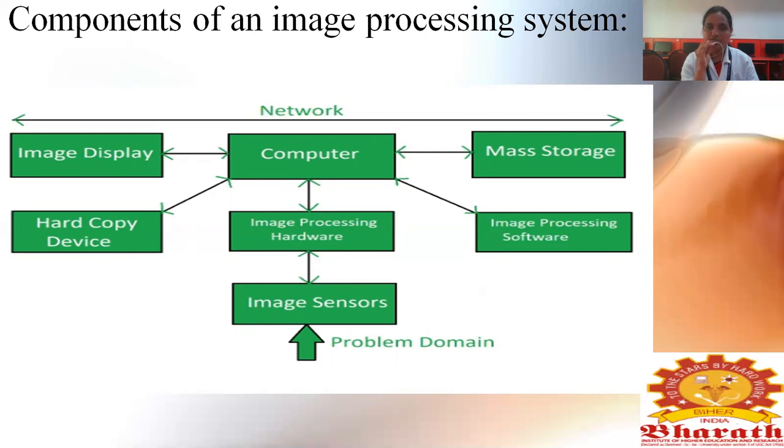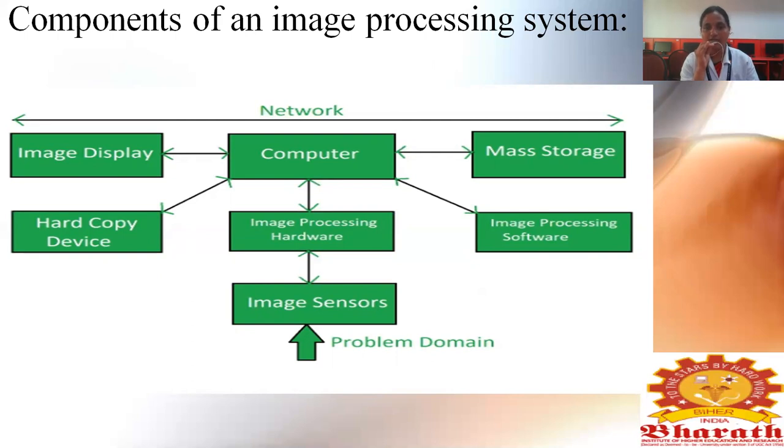In the image sensor you will find two things. One is sensing and another one is the digitizer. The sensing is the hardware sensing element. The image which you are going to acquire or capture is illuminated by some radiant energy that will be sensed by this sensing element.